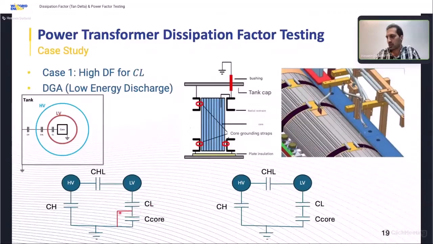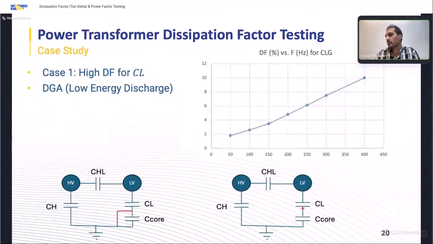But if this grounding connection is removed during the operation of the transformer, we will have another capacitance in the circuit. We call it C core. At first, we will have a lower value for LV winding to ground capacitance because C core is added in series. The other point is related to the dissipation factor.